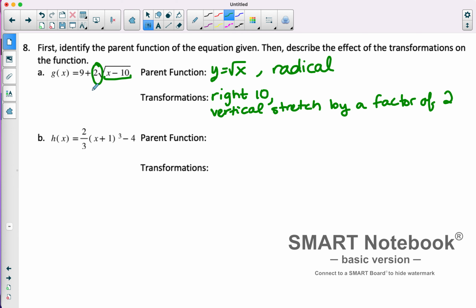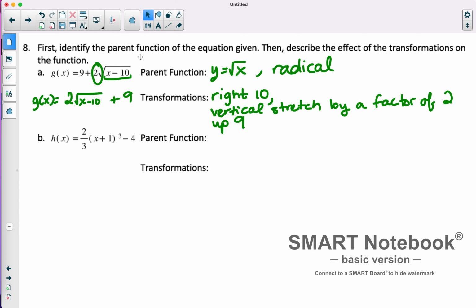And then plus 9 is up 9. Remember, I could have reordered that to 2 square root of x minus 10 and then add 9, but a lot of times we put that 9 in front so that we are clear it's not inside the square root symbol.